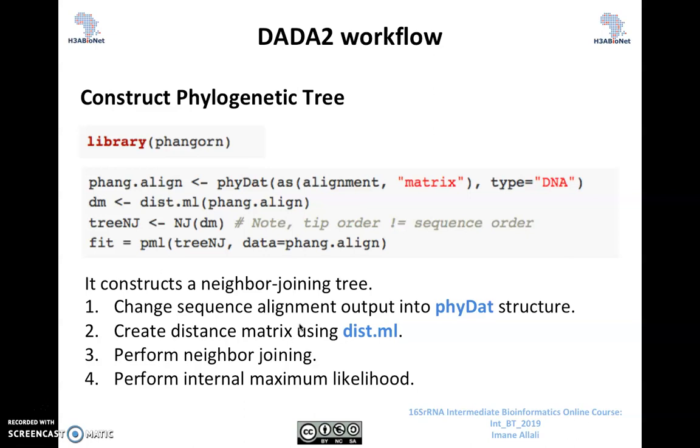Those commands here construct a neighbor-joining tree. They change the sequence alignment output into phyDat structure. Then it creates a distance matrix using dist.ml, and then they perform the neighbor joining and then perform the internal maximum likelihood.